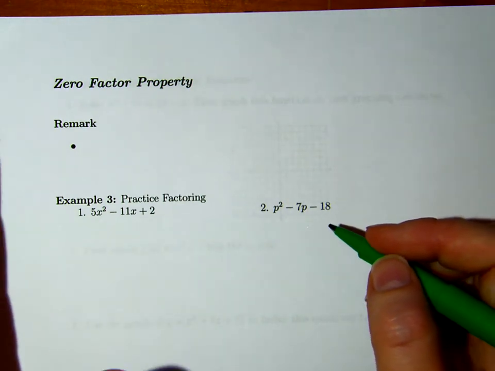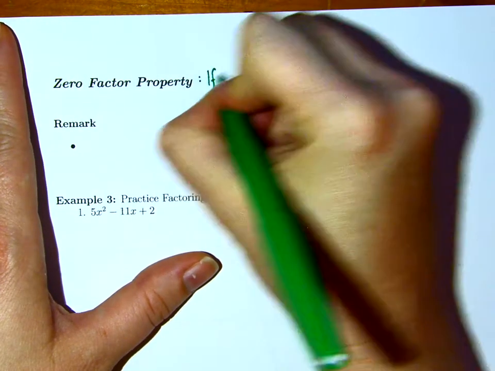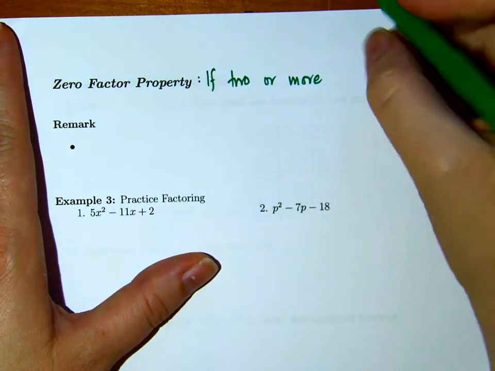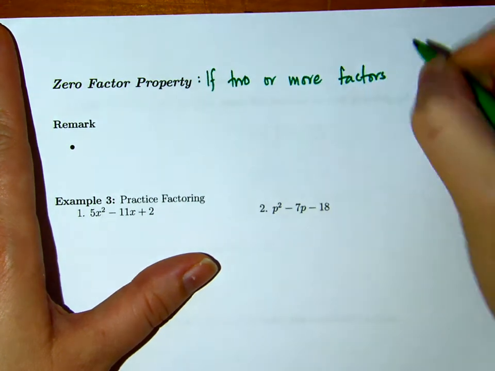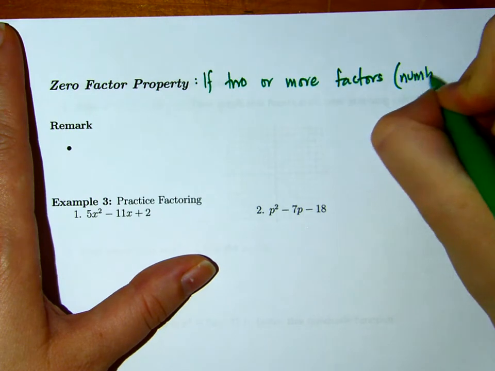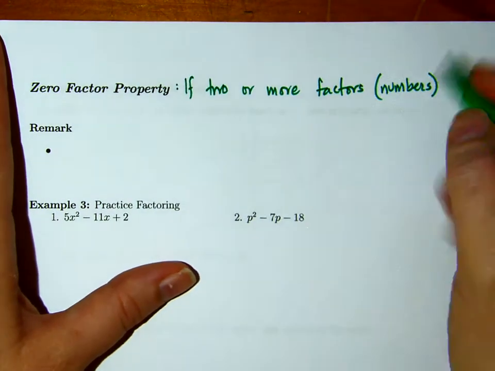That is the zero factor property. If two or more factors, numbers, because remember, even x's are numbers.